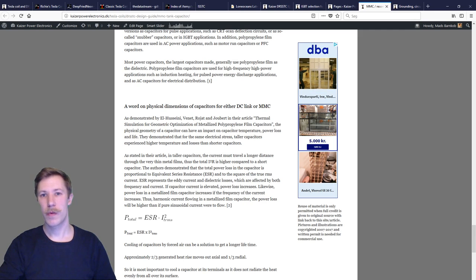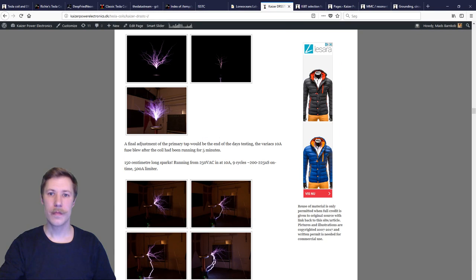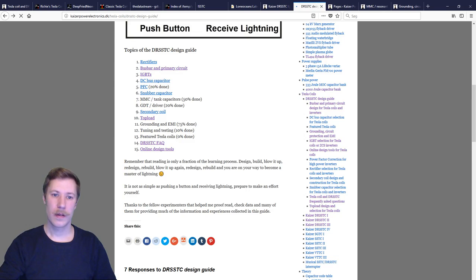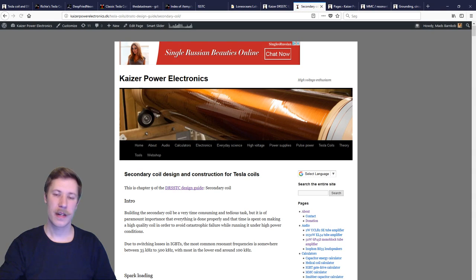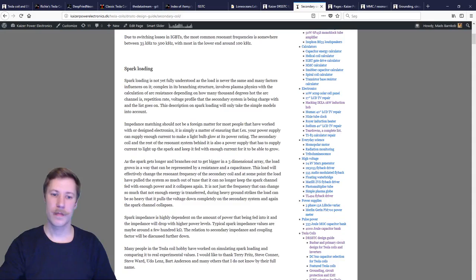Now, when we come to secondary coil design, what I recommend here is I set up a lot of tables, and I talk a lot about spark loading, and spark loading doing ground strikes.